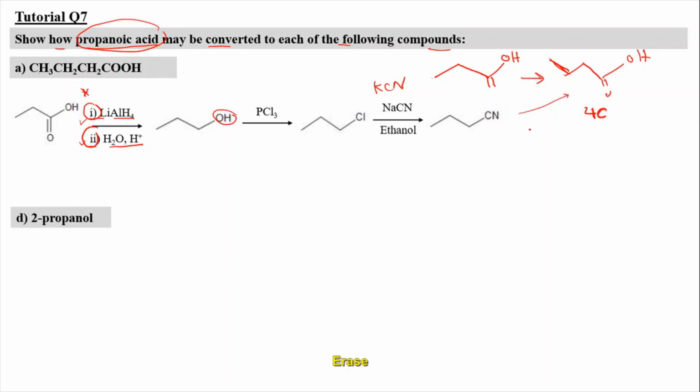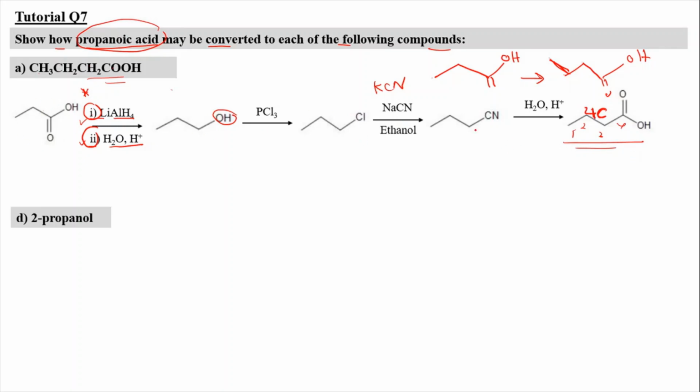Okay, so it will undergo acidic hydrolysis, which is H2O, H plus, and this is going to produce the product that we wanted, which is 1, 2, 3, 4, butanoic acid. So it is similar to what we wanted to synthesize, apa yang kita nak hasilkan. So we're going to do it step by step as mentioned here.